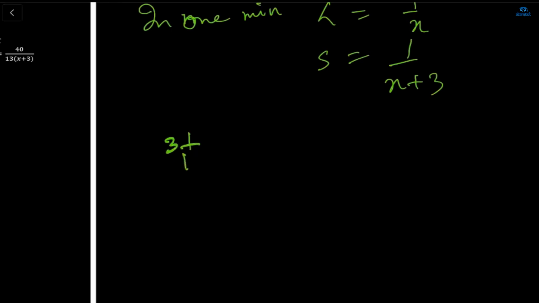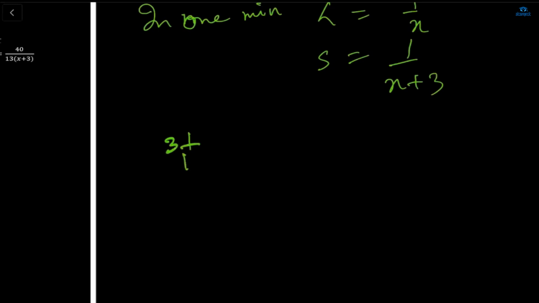40/13 multiplied by 1/x equals 40/13x. This is the portion of the system filled by the larger pipe in 40/13 minutes. Similarly, the portion filled by the smaller pipe is 40/13 into 1/(x plus 3), which is 40/13(x plus 3).